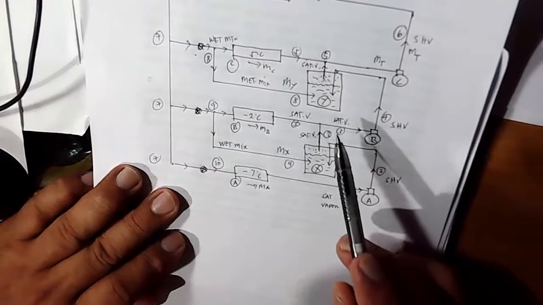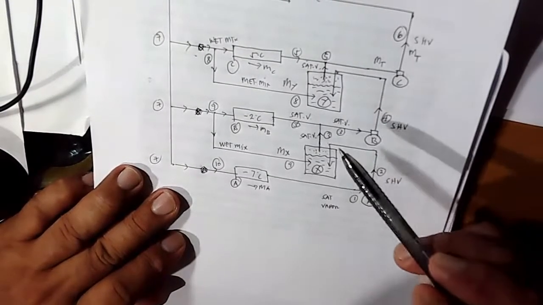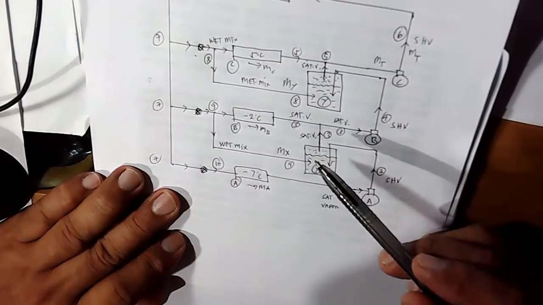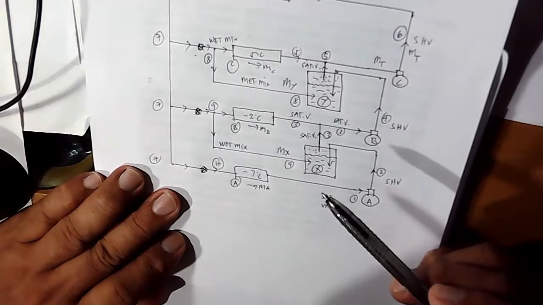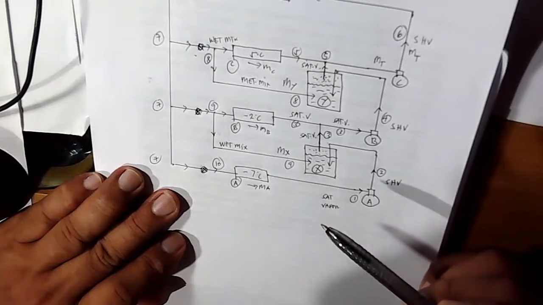So no need for you to compute this. Like before, the pressure of your intercooler is computed by using the square root of the pressure of your condenser multiplied by the pressure of your evaporator.